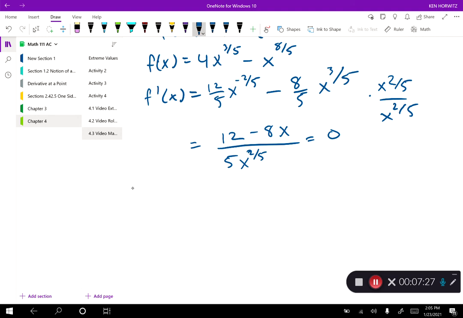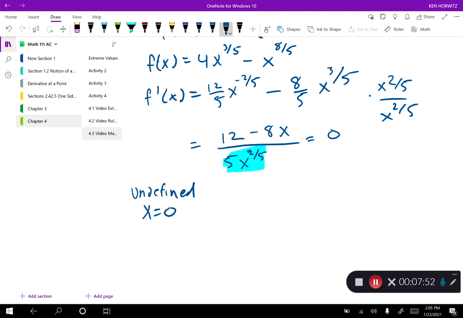So let's start with undefined. It's undefined when the bottom here equals 0. So that equals 0 when x equals 0. So there's your first critical number.